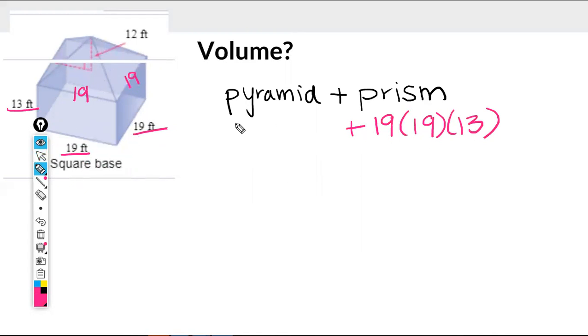So that's all we're doing. We're just combining a whole bunch of formulas.